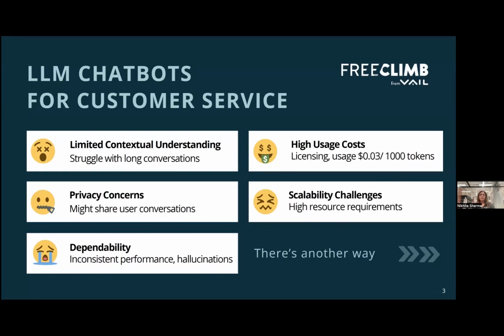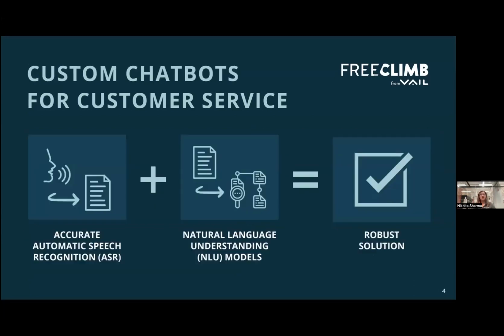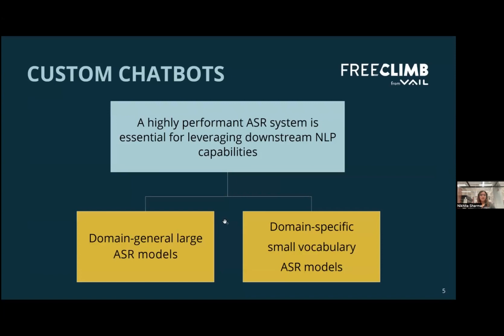But there is another way to go about these chatbots for customer service. In our experience, using a speech recognition model in combination with an NLU model based on your use case, for example, for intent recognition or summarization, the combination of these two models separately is a more robust solution. There are two ways of going about this.